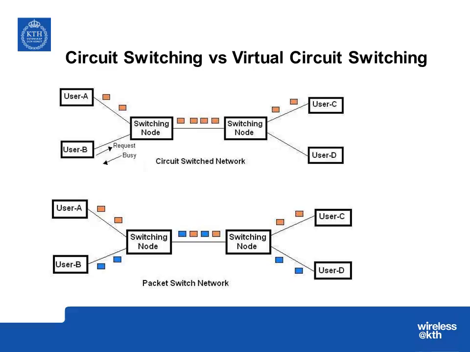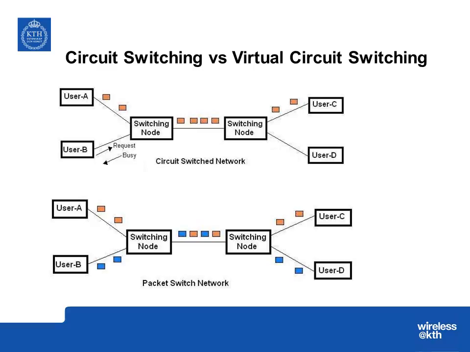In the traditional old-fashioned way, the connections in telecommunication networks were physical connections, a so-called circuit switched network, where for instance user A was connected to user C, and the connection between the two switching nodes was exclusively dedicated to the connection between A and C. If user B wanted access to the switching node, a signal told user B that the connection was busy, and user B had to wait until user A and user C disconnected. User B is said to be blocked.